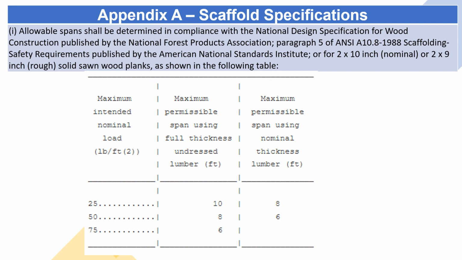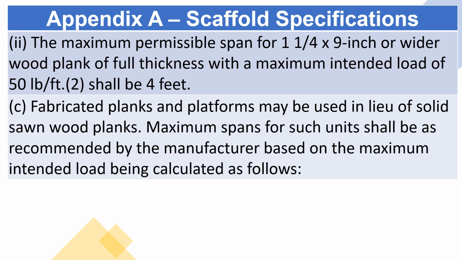When the maximum intended load is 75 pounds per square foot, the maximum permissible span using full thickness undressed lumber is 6 feet. The maximum permissible span for 1 1/4 x 9 inch or wider wood plank of full thickness with a maximum intended load of 50 pounds per square foot shall be 4 feet.